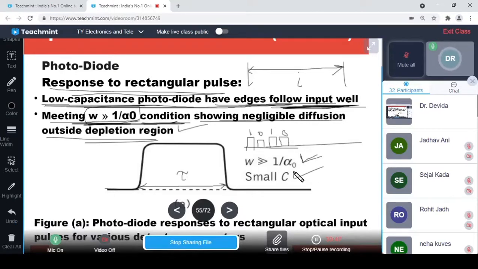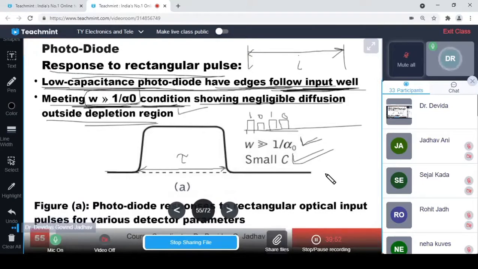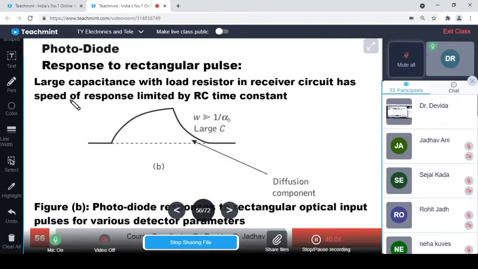So this is the figure showing the photodiode response to the rectangular optical pulse for various detector parameters. So this is one condition. Now consider another condition, where the capacitance is large. A large capacitance with the load resistance in the receiver circuit has its speed of response limited by the RC time constant.